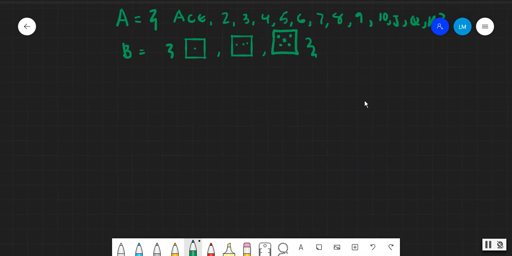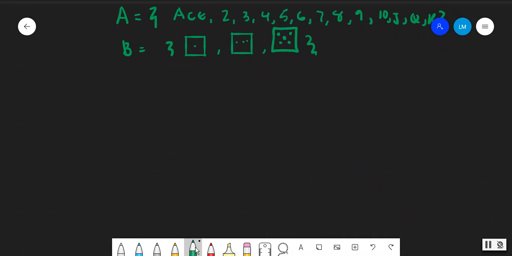Another way to think about it is, let's say you're taking a true-false quiz. Usually the probability of getting the question correct is a half.